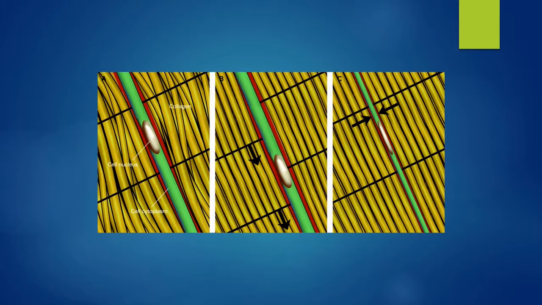Then in this image here, we have a tendon depicted to be under tension. This might be, for example, the Achilles tendon as a person ascends stairs. And the collagen fibers align and become oriented linearly and parallel.